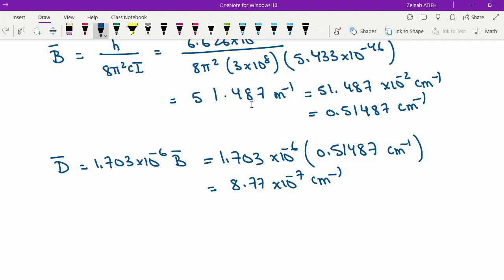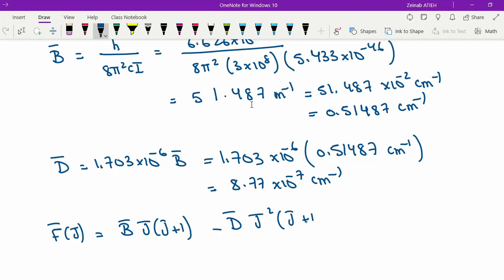Now having found D and B, we are able to write the spectral term F. So F of J gives us the wave numbers of energy levels in centimeter minus 1. Once we subtract the difference between these energy levels, we are able to find the wave numbers of the absorbed radiation. So the formula says F of J equals B bar J times J plus 1 minus D bar J squared times J plus 1 squared.